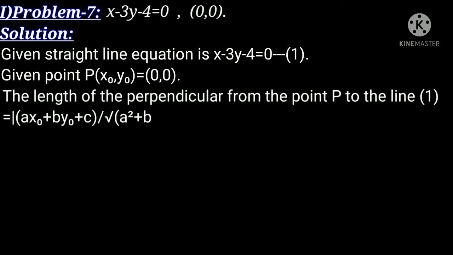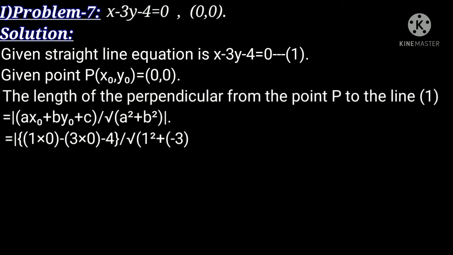Then the length of the perpendicular from point P to the line 1 is equal to the formula mod of ax0 plus by0 plus c by square root of a square plus b square. Here we substitute the a, b, c and x0, y0 values. Then that is equal to mod of 1 into 0 minus 3 into 0 minus 4, by square root of 1 square plus minus 3 whole square.